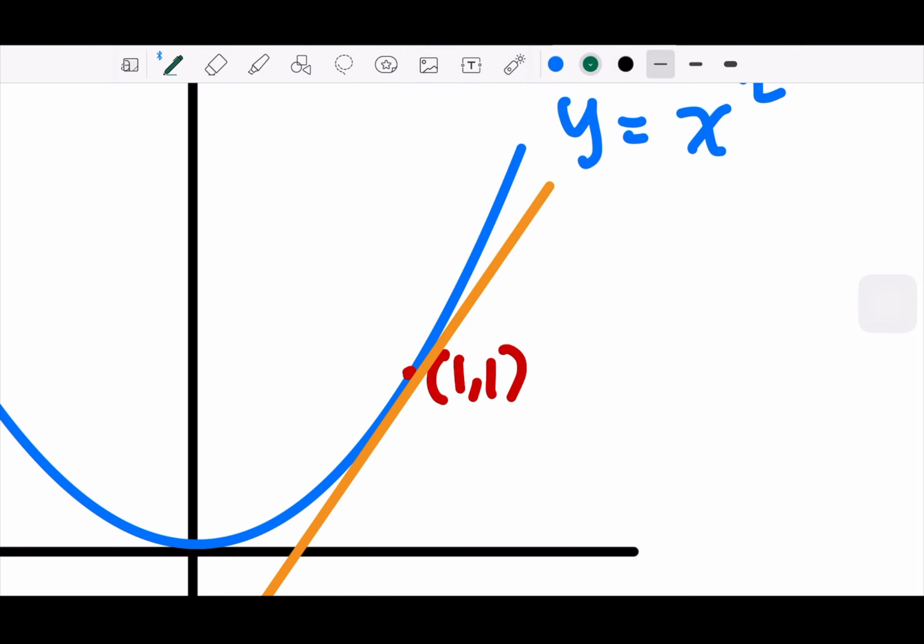Let's say just a random point, maybe here, or here, any point you like. But we put our point based on the equation, x and x squared. Let's say we have this point here, the green one.